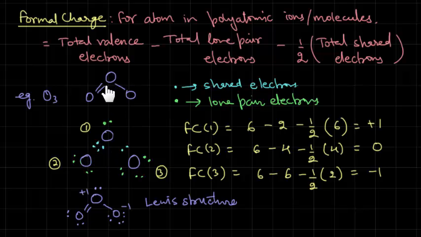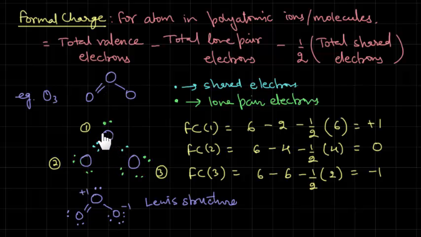So let's take an example of ozone. It has a double bond here and a single bond here. Double bond means these four are shared. Single bond means only two are shared. These blue dots are the shared electrons, green dots are the lone pairs. Oxygen has 6 valence electrons.